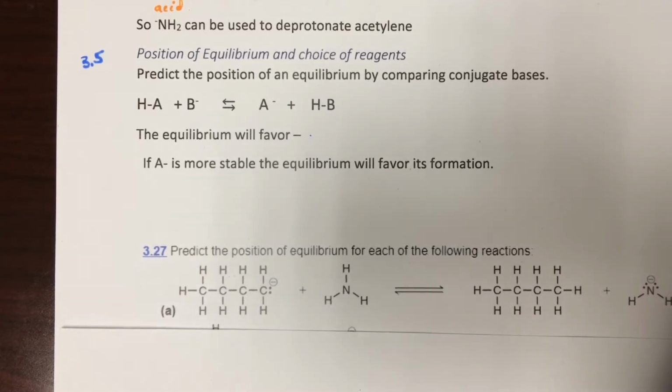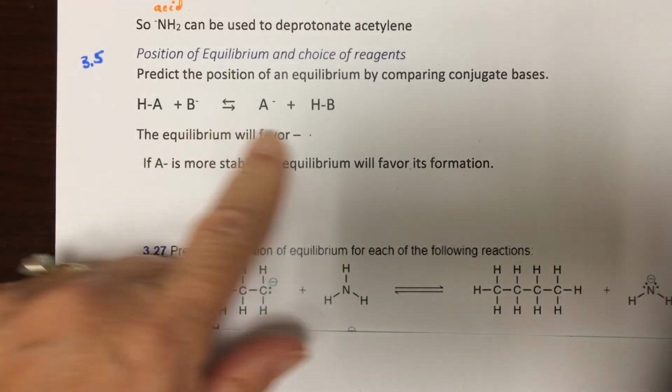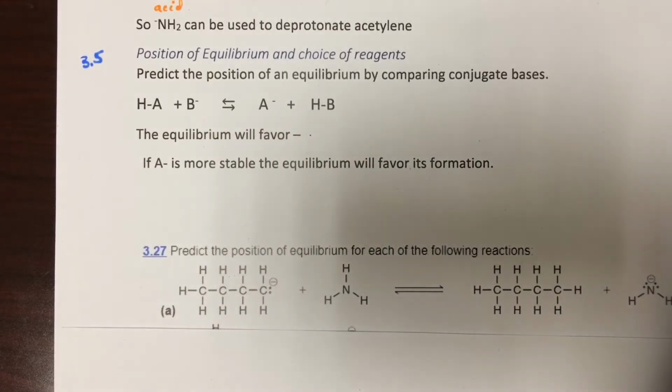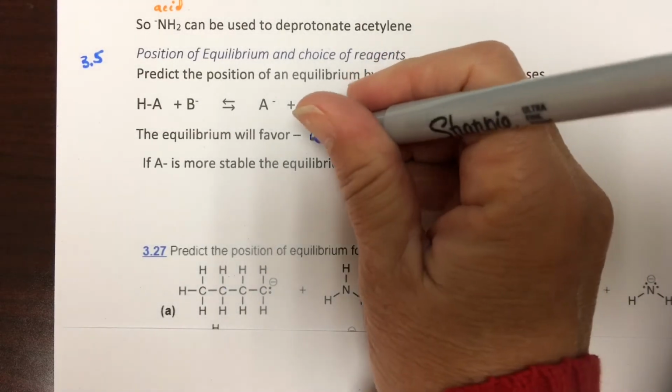So we could use our knowledge of the stability of our bases to figure out the equilibrium and the choice of reagents. If we have an acid-base reaction here, the equilibrium will favor the weaker acid.